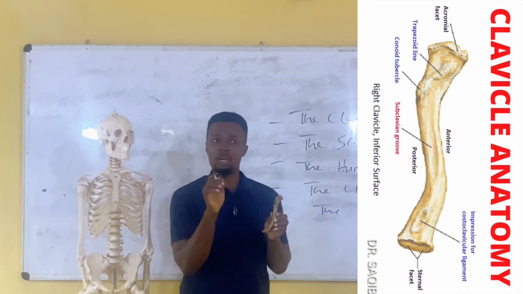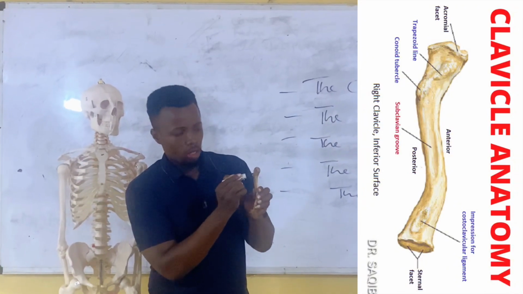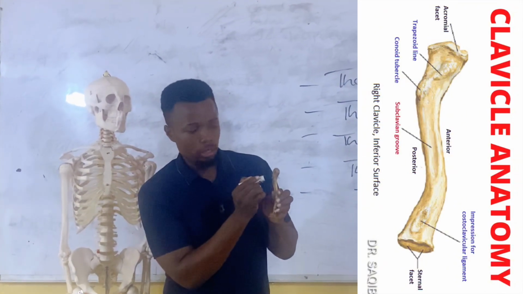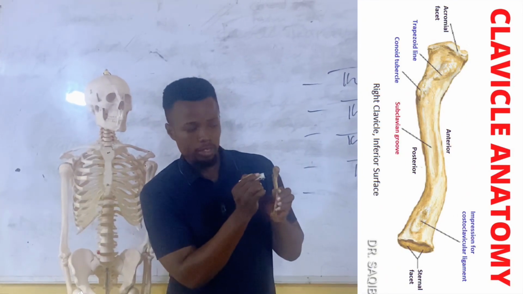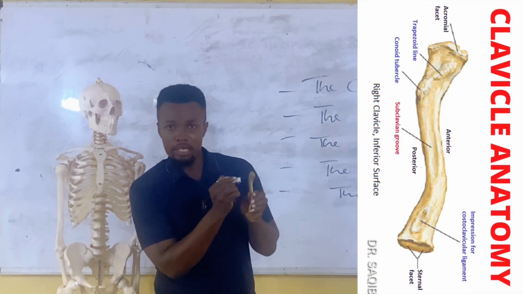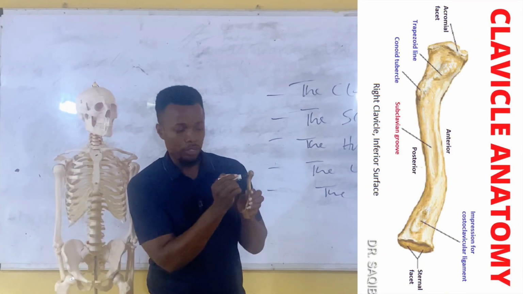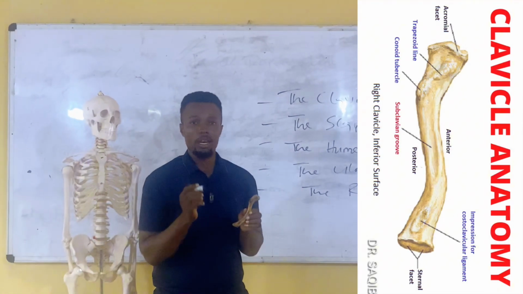Then we have another important feature in the clavicle. Starting from the end of this conoid process, there is a thin line that moves towards the tip of the acromion, and this thin line is known as the trapezoid line.